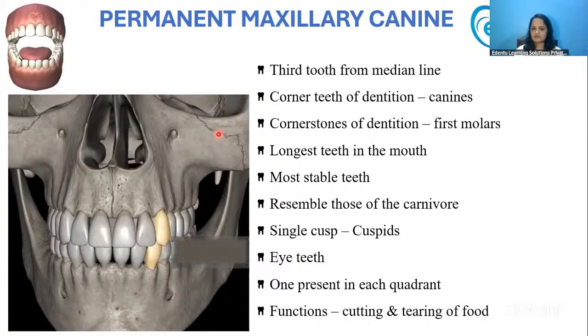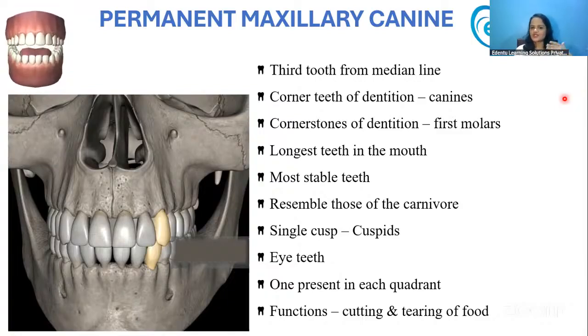If you look at Wheeler's textbook of dental anatomy, under the maxillary canine section they have mentioned that it is the cornerstone of dentition, and in the molars chapter also they have mentioned that it is the cornerstone of dentition. So to avoid confusion, this canine should be considered as the corner tooth of dentition, and first molars are generally considered as the cornerstone of dentition.